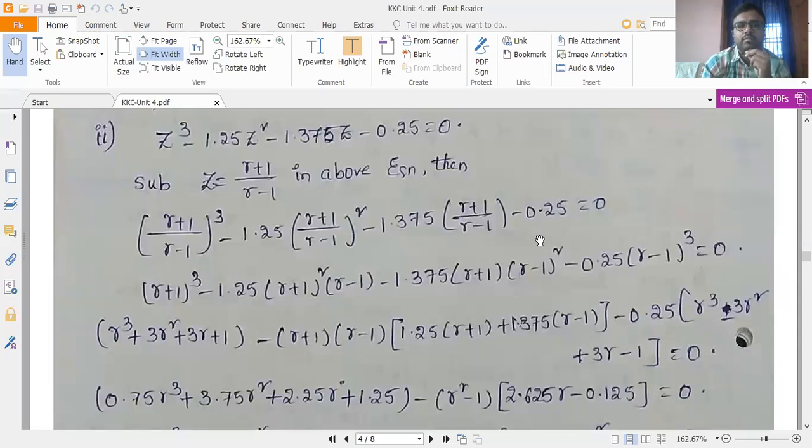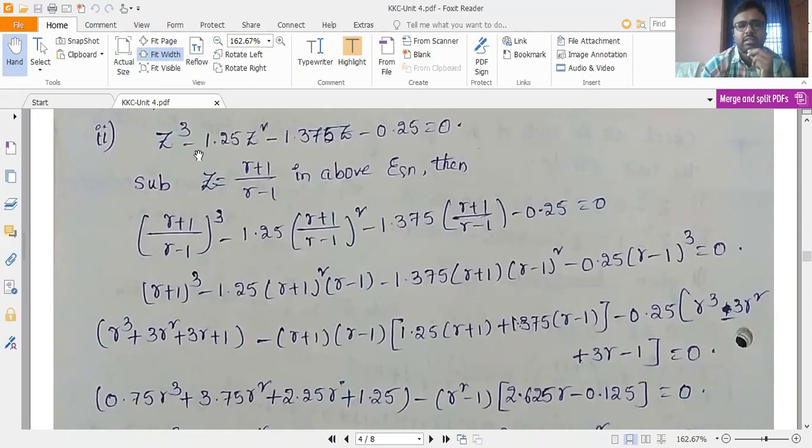But from order 3 onwards, you have to frame the RH criteria table and estimate the stability of the system.